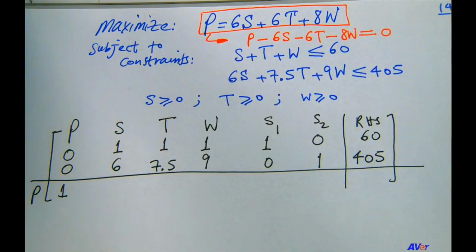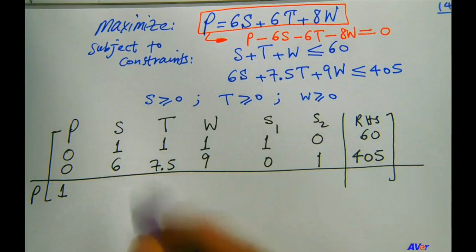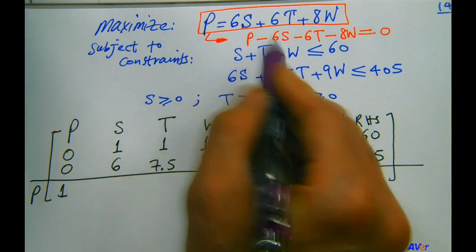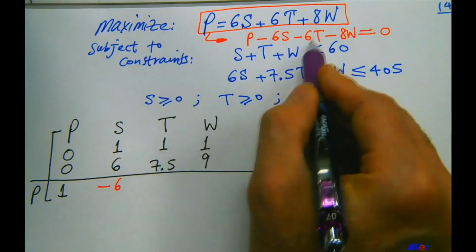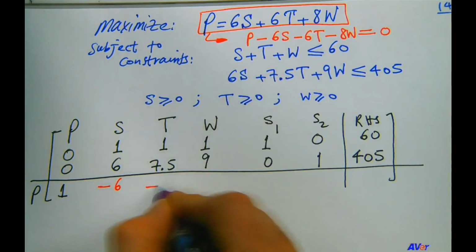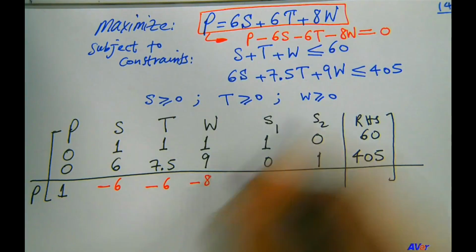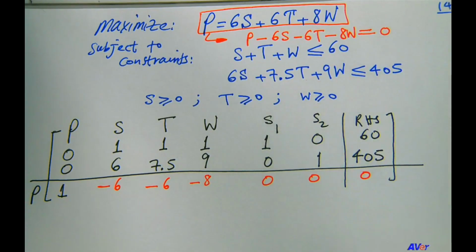Now let's import these coefficients into the initial simplex tableau. For P, we have 1. For S, we have minus 6. For T, minus 6. For W, minus 8. And then we have 0, 0, and 0 in the right-hand side column.